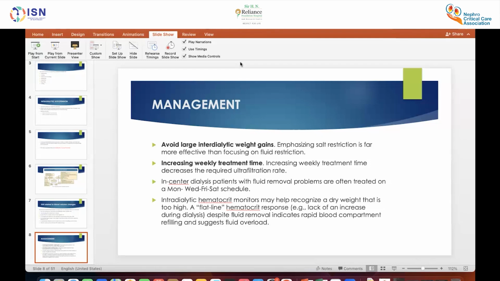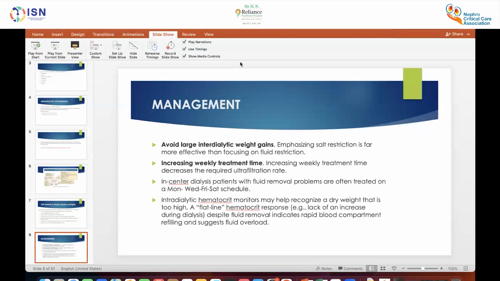If you want to take out the same ultrafiltration volume but with increased duration, then proportionately the rate will also be less. So that is what it is saying.